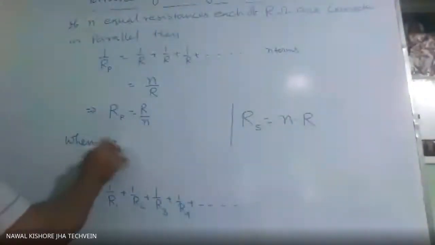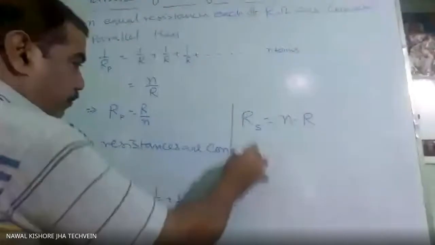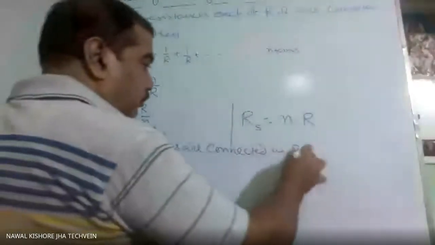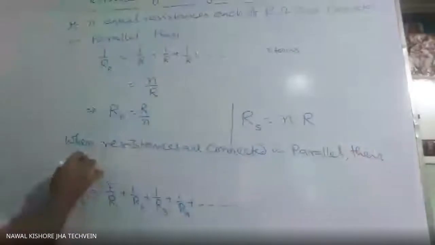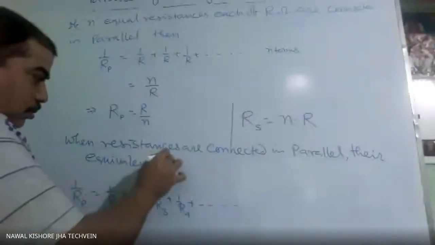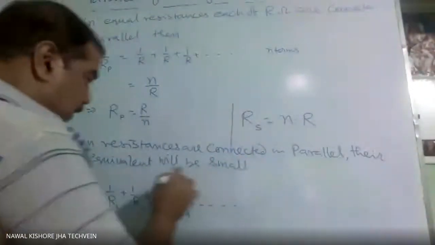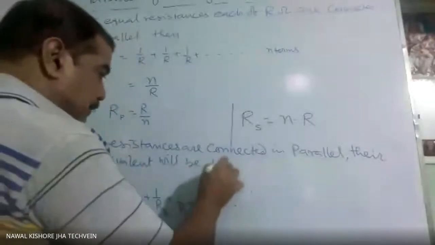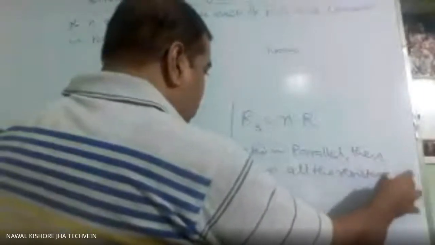So when resistances are connected in parallel, their equivalent will be smaller than all the resistances in the group.